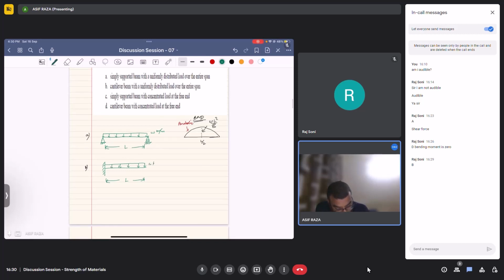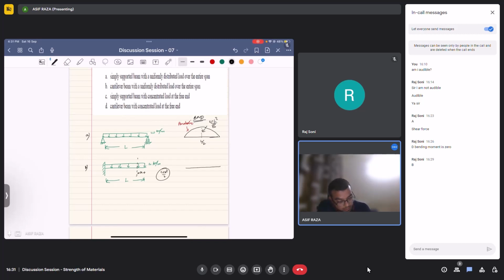Pertaining to this, my BMD would be, let me draw the span first. At any section, if I take this as x, my BMD would be Wx times x by 2, that would give me Wx square by 2.